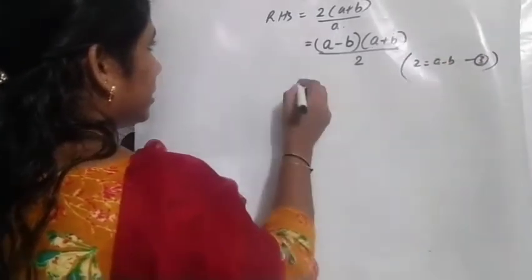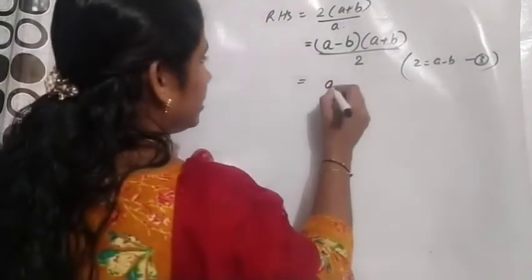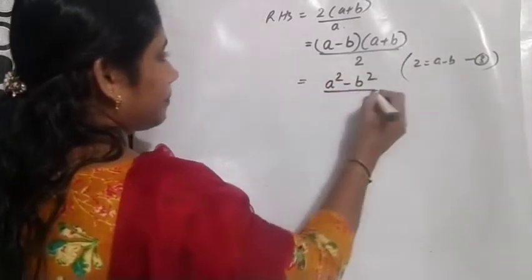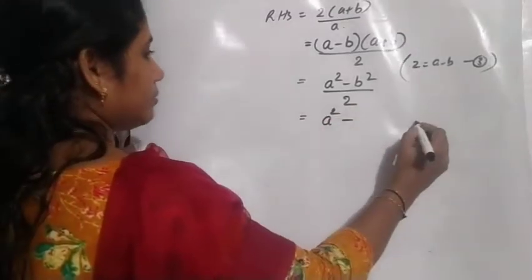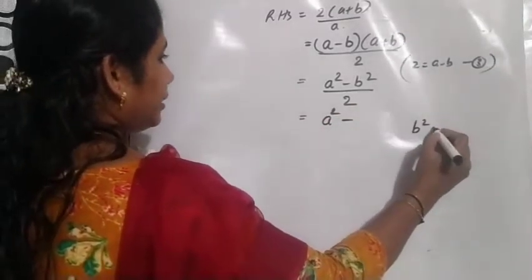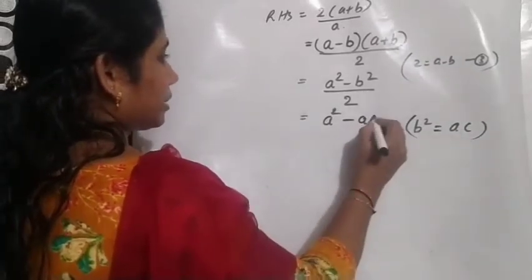We use that. And you learned the identity A minus B into A plus B, no? What is that? A square minus B square, by A. And also we know B square, what is the value of B square if A, B, C are in continued proportion? Yes, it is AC, no? So substitute here AC.